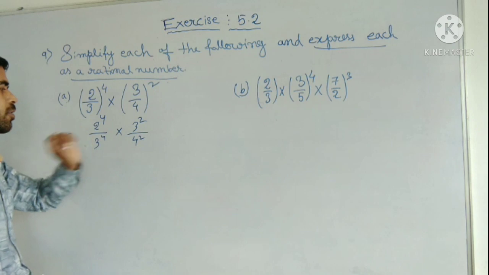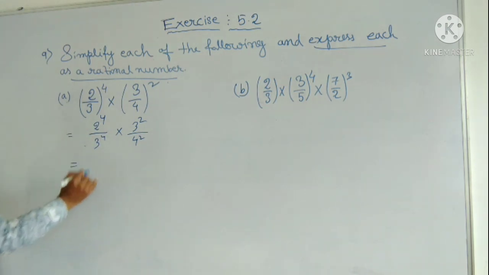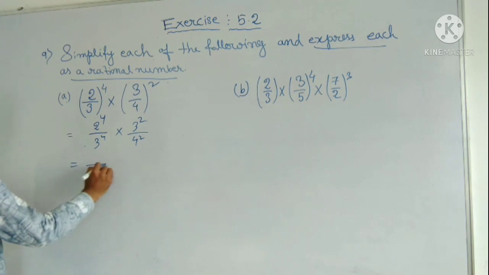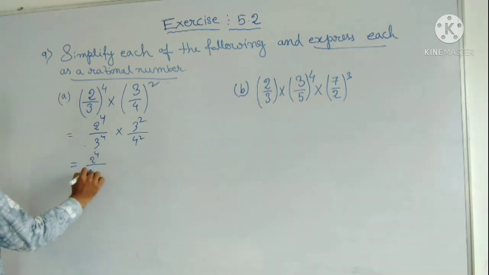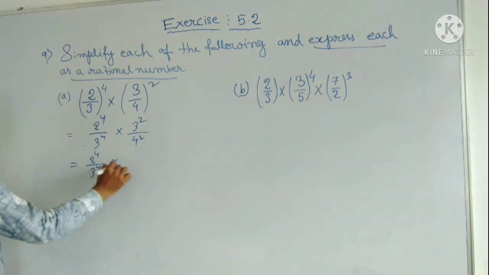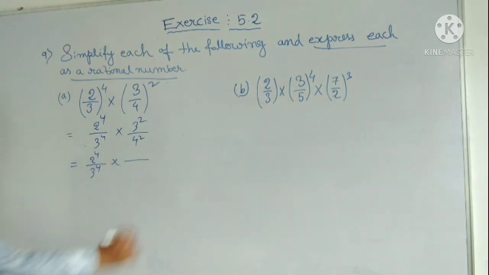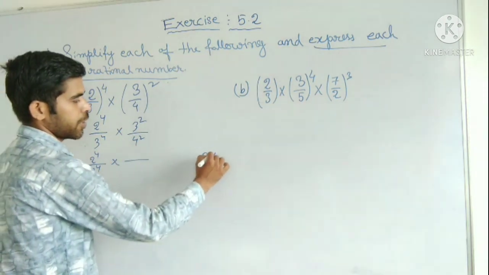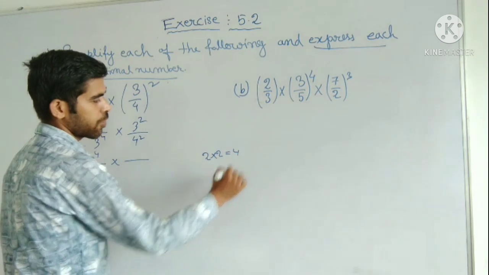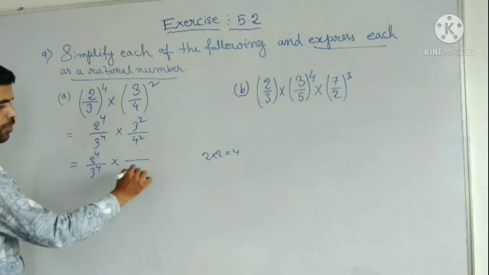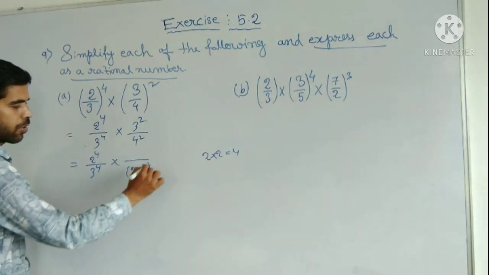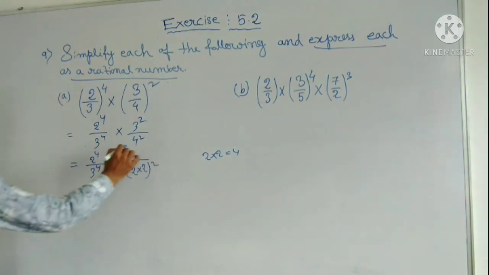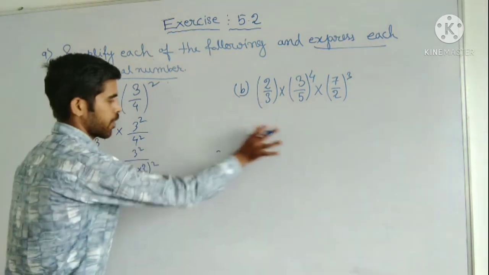Now see, 4 square you can write as 2 into 2, square, and this one you write the same, no problem.